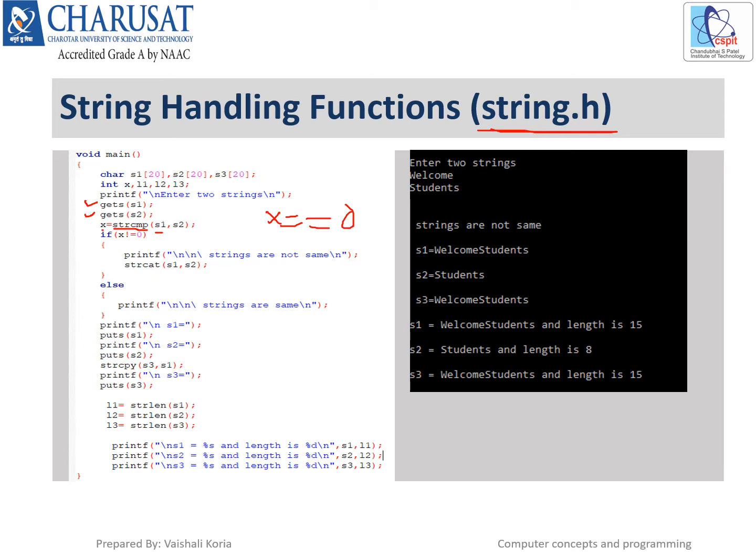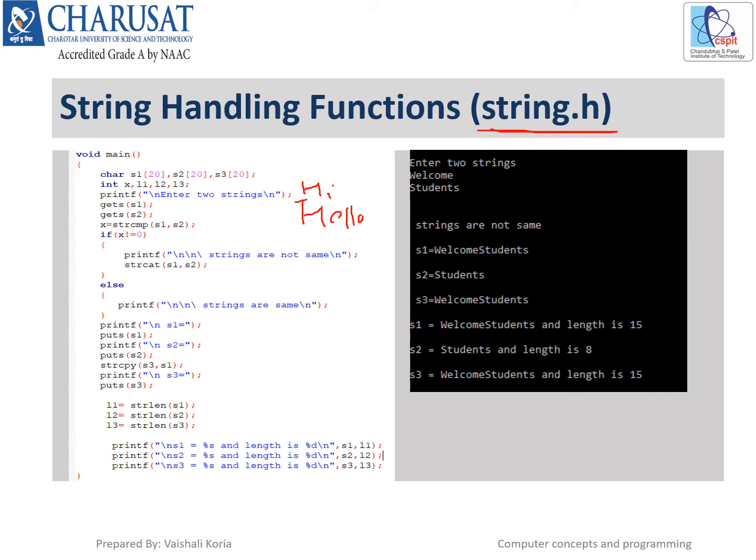Okay, so what is the return type of the strcmp? It is integer. If the two strings are same, it will return 0, and if two strings are not same, then it will return the ASCII difference of the first non-matching character. Okay, so suppose s1 is hi, right, and s2 is hello, and you are calling the strcmp function on these two strings, right?